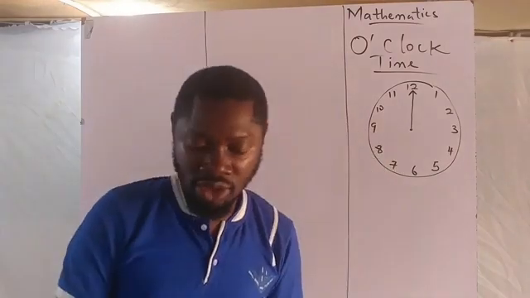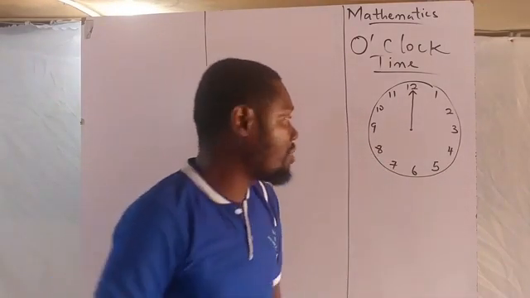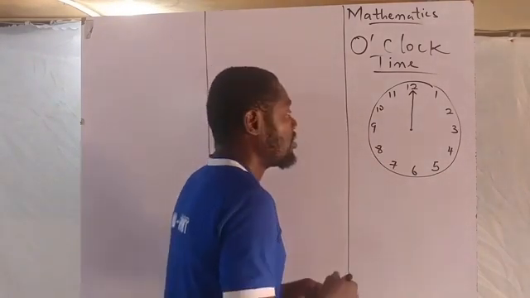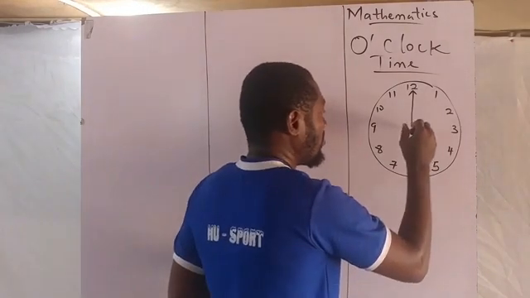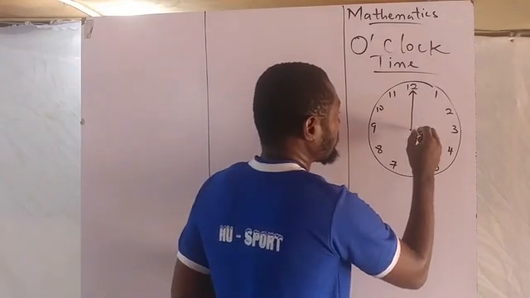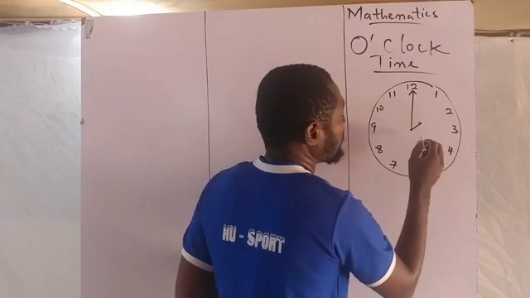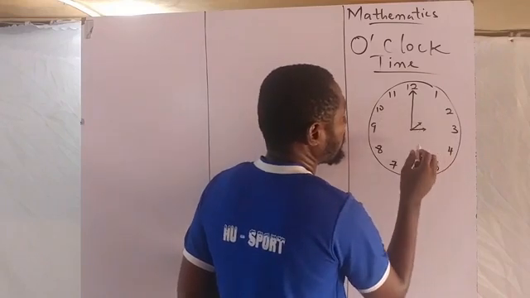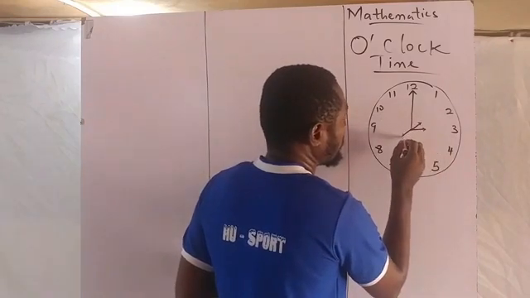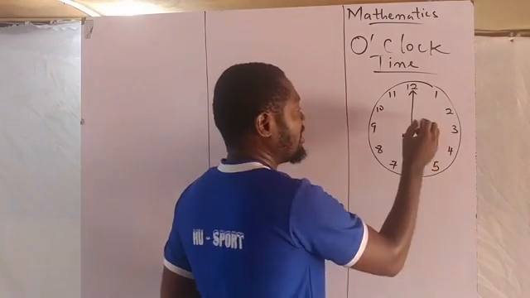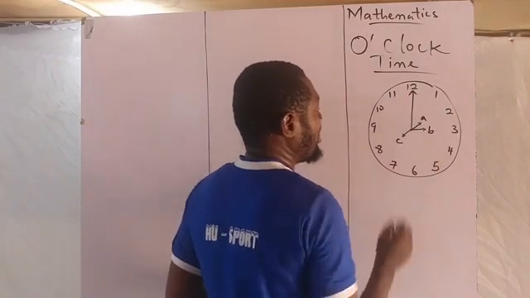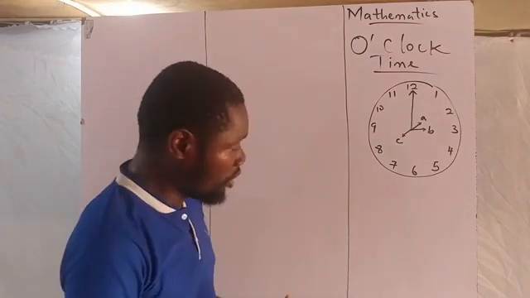Now, let us do some class work here on the board. Look at this. This is A, B, and C. I'll be giving you a class work in this form to do.